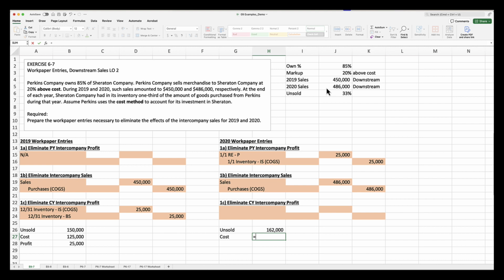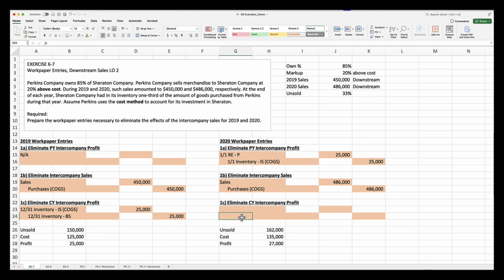So we're going to figure out cost by using our unsold divided by 1 plus our markup of 20%. So that gives us a cost of $135,000. The difference between these two is going to be our profit, which is $27,000.